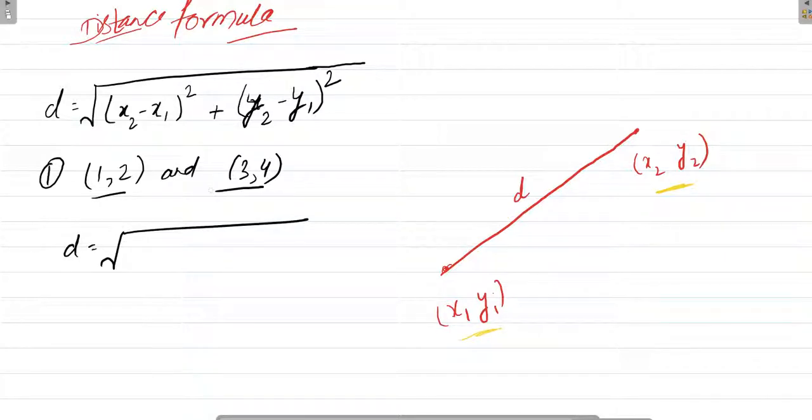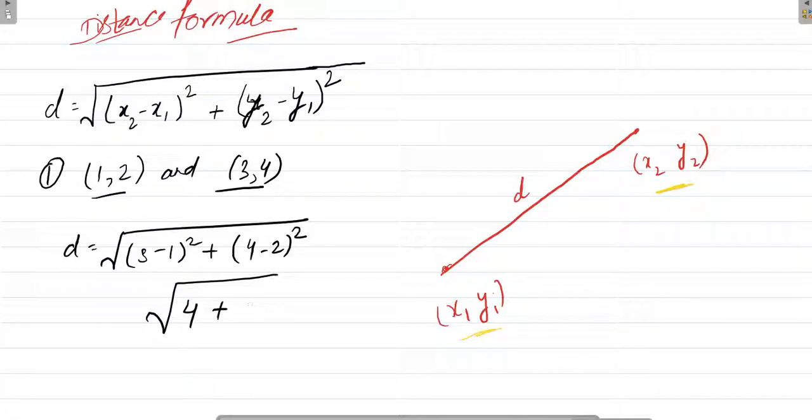The distance will be the difference of abscissa, 3 minus 1, squared, plus 4 minus 2, squared. 3 minus 1 is 2 and 2 squared is 4, and 4 minus 2 is again 2 and squared is 4. So 4 plus 4 is 8, which gives 2 root 2. So the distance between these 2 points is 2 root 2.